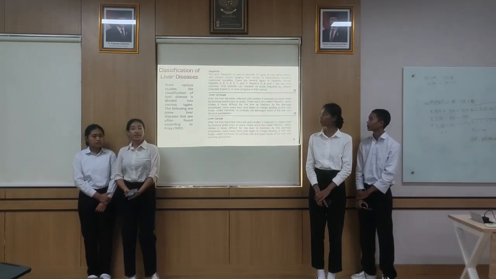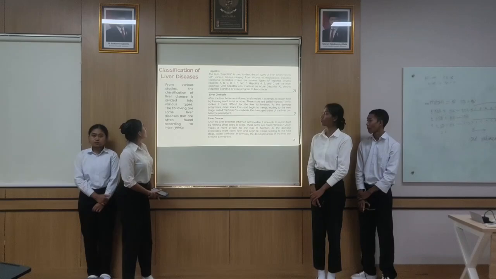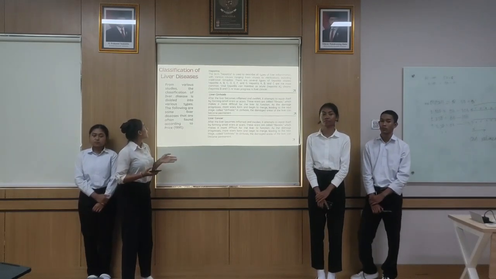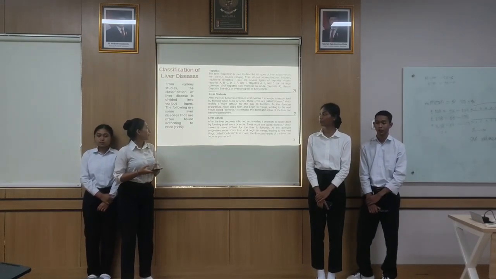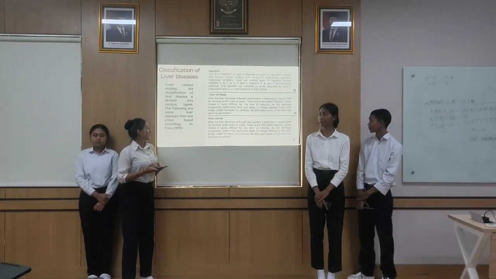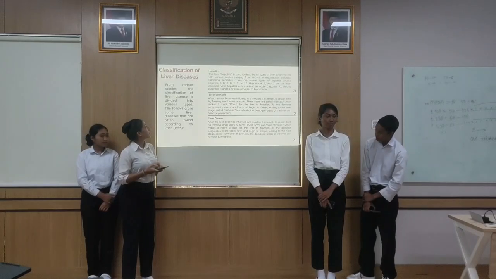Classification of liver disease. From various studies, the classification of liver disease is divided into various types. The following are some liver diseases that are often found according to Chris 1905. Hepatitis.